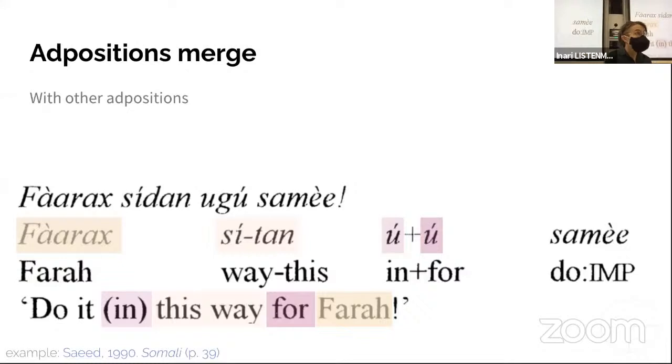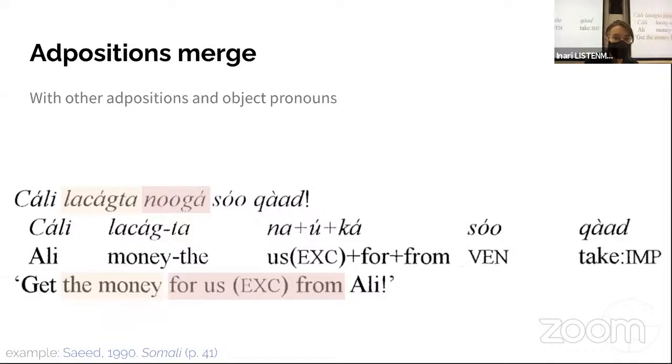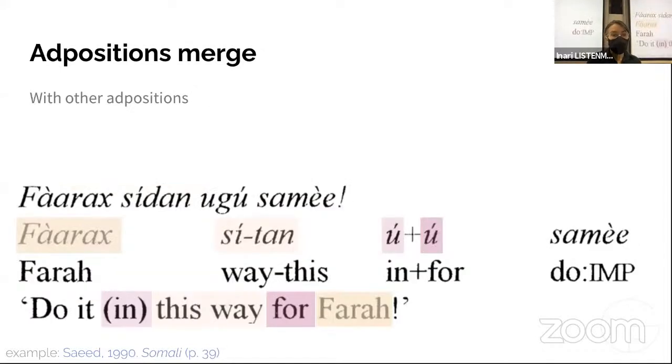Yeah, exactly, there are different combinations for all these prepositions. It just happens that u has several meanings, but here we have u and ka.